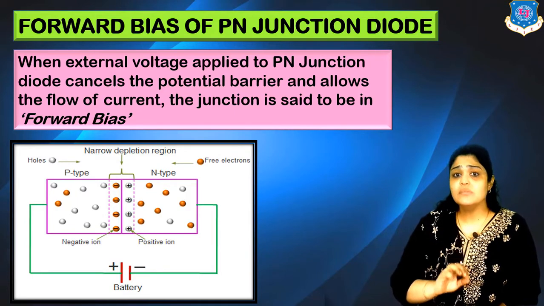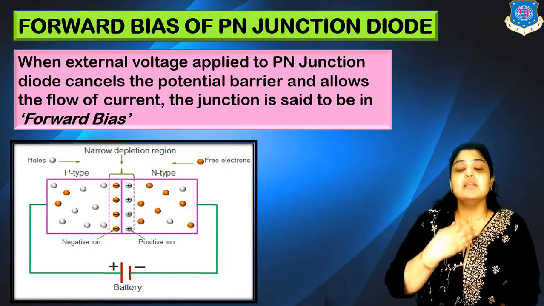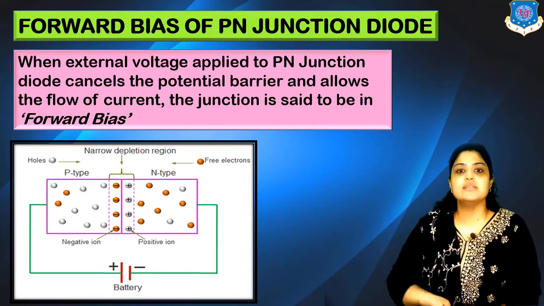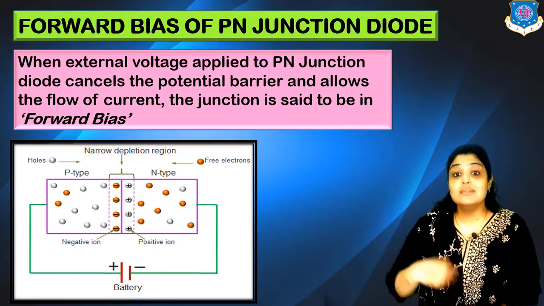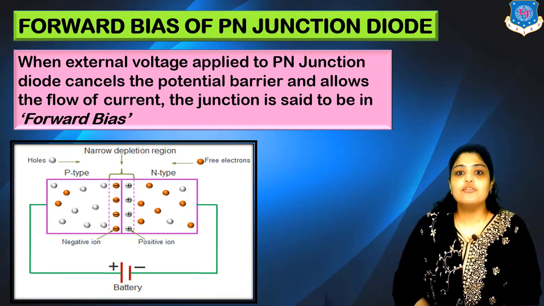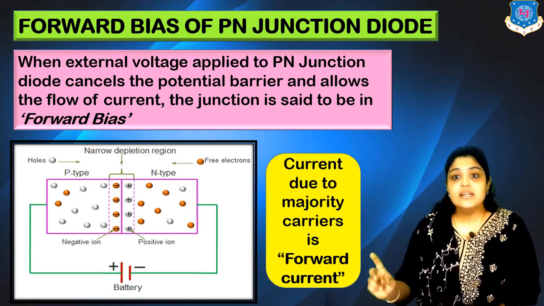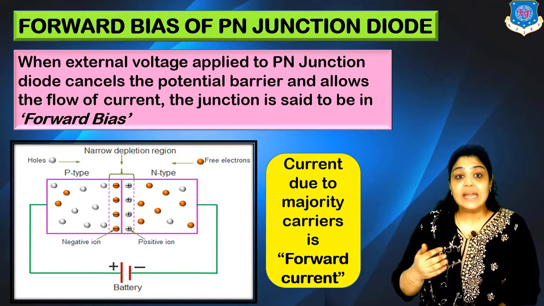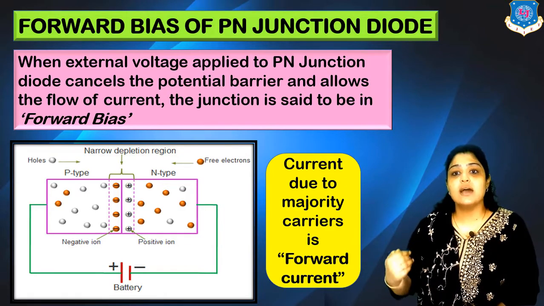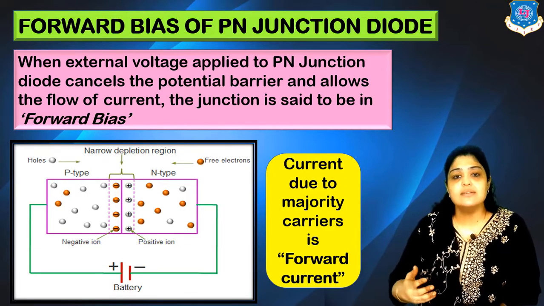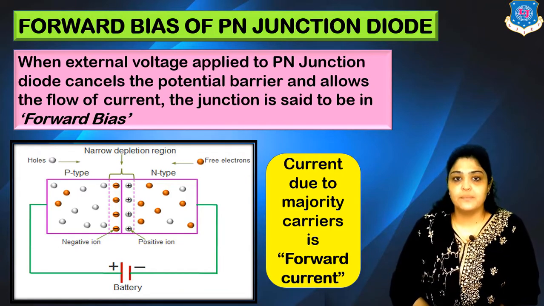Clear? So it is just overcoming the potential barrier with the help of external voltage. This is how forward bias of a PN junction diode works. The current obtained in this case is due to the majority carriers, and it is known as forward current.